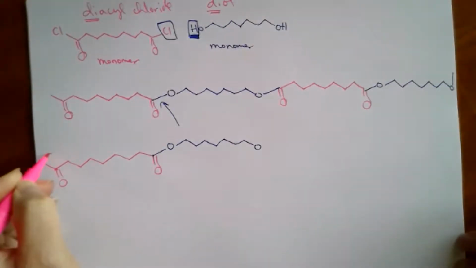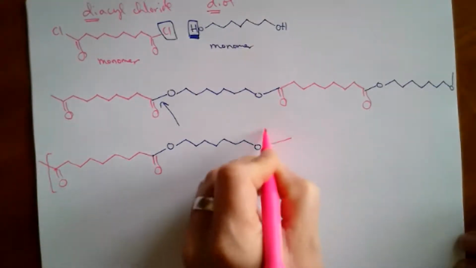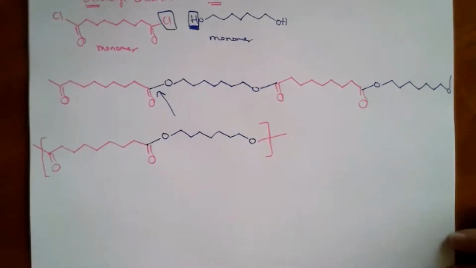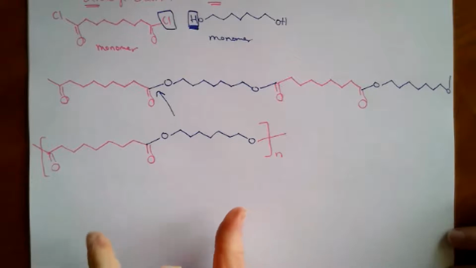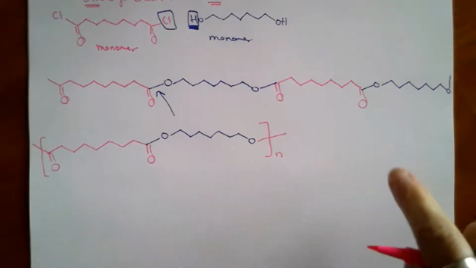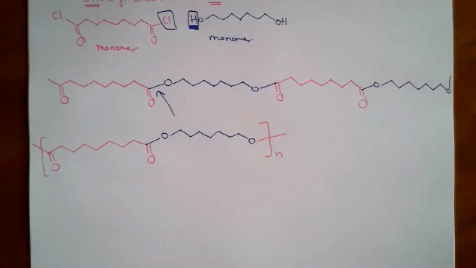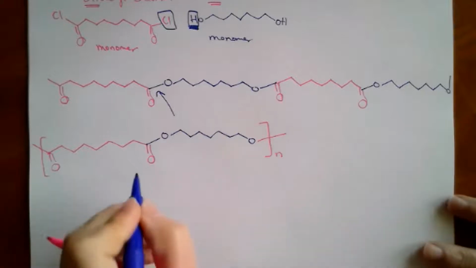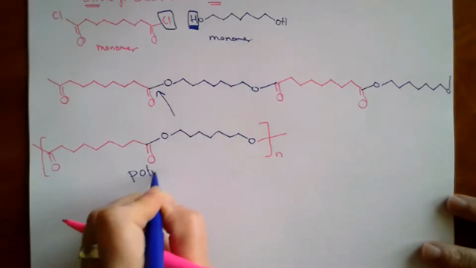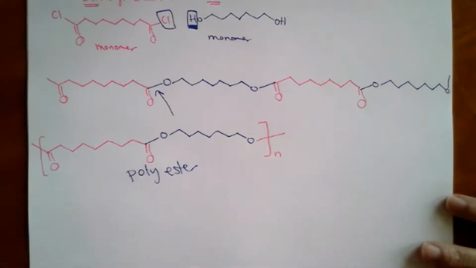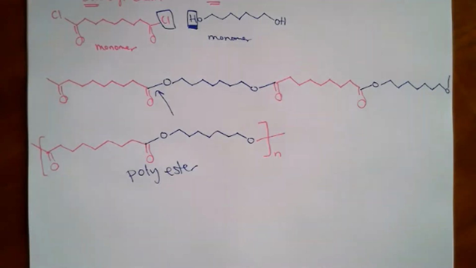Put a long arm sticking out of both sides of brackets and tell me that unit inside the bracket is repeated again and again. That's a polymer. It's a polyester because it's many esters hooked together.